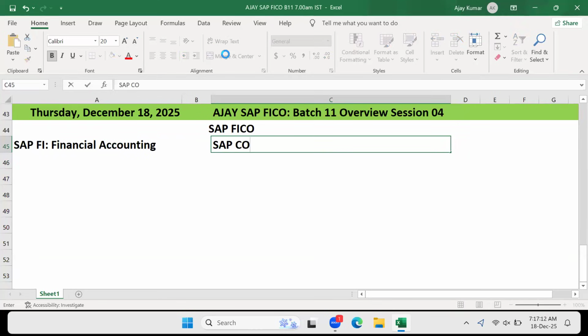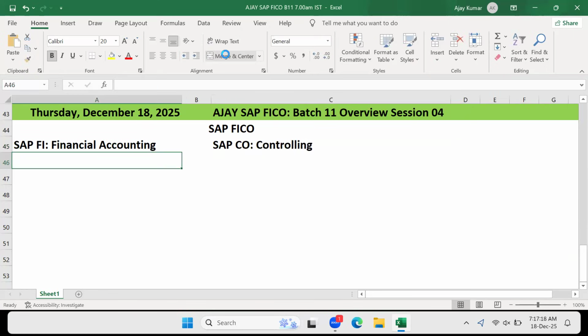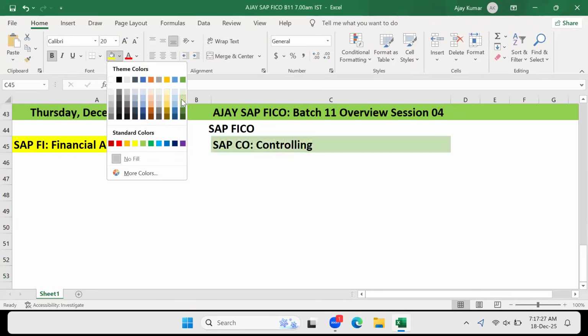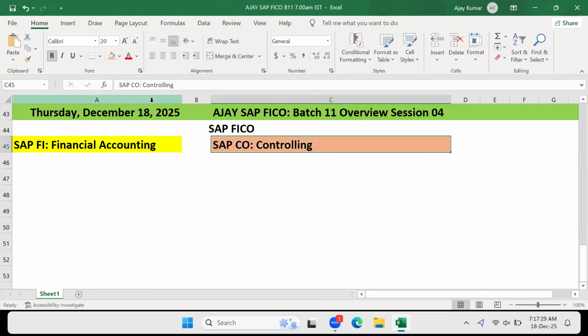Similarly, SAP CO is nothing but controlling. Financial accounting and then controlling.